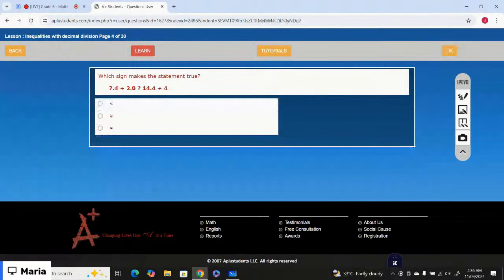Okay, the next one is 7.4 divided by 2.0 and 14.4 divided by 4. So which is the correct option?